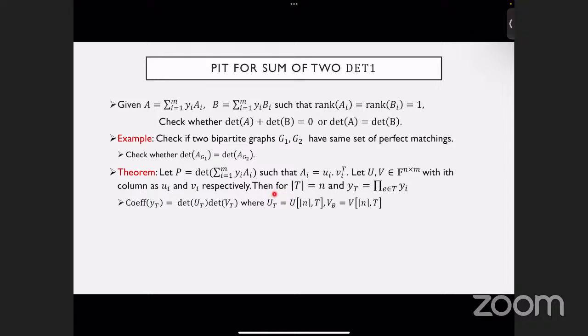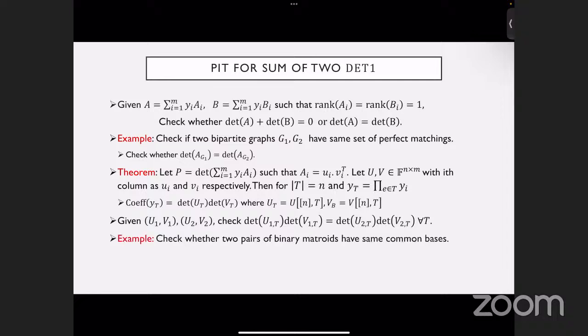Then for any subset T of the set of integers 1 to m of size n, the coefficient of the monomial, which is the product of all the variables present in the set T, is the product of the determinant of submatrix UT and the submatrix of V corresponding to set T. So this PIT problem reduces to checking, given two pairs of matrices, say U1 V1 and U2 V2, whether for all subsets T this product is the same for both these pairs.